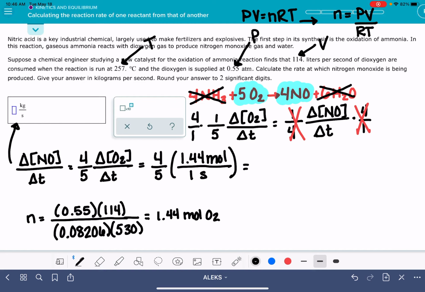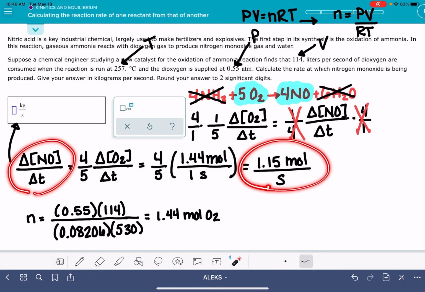We get a rate of 1.15 moles per second. This is what we've solved here. This is the rate of NO, change in concentration of NO over time, per time, 1.15 moles per second.